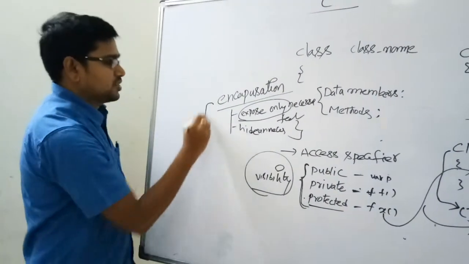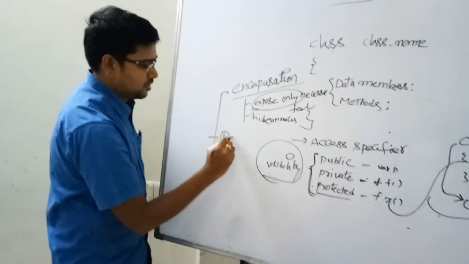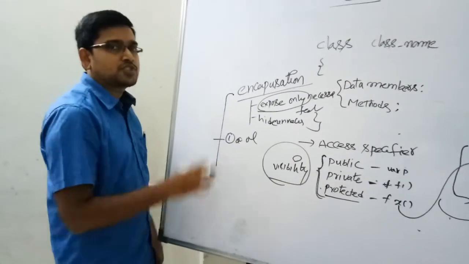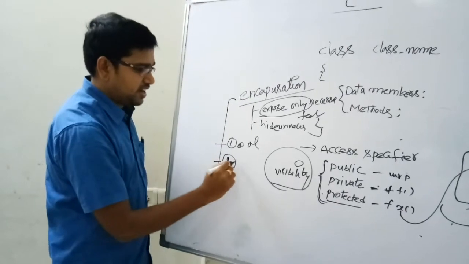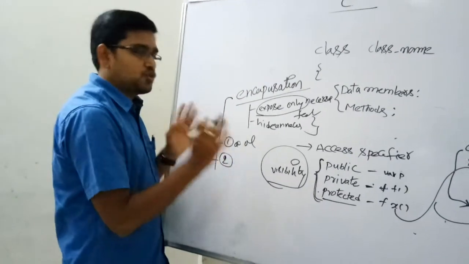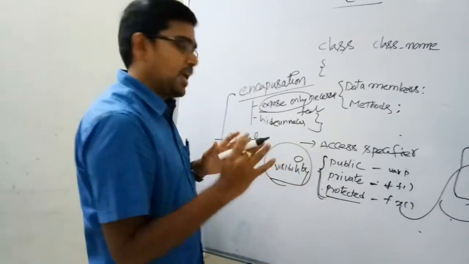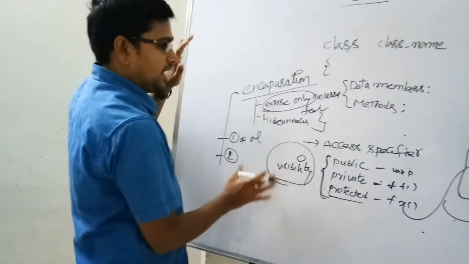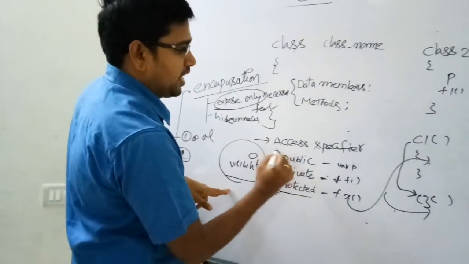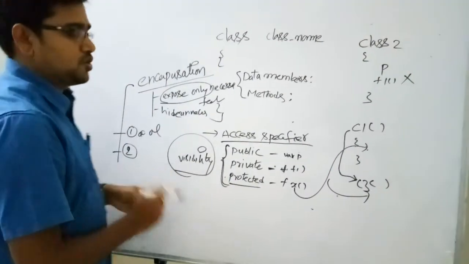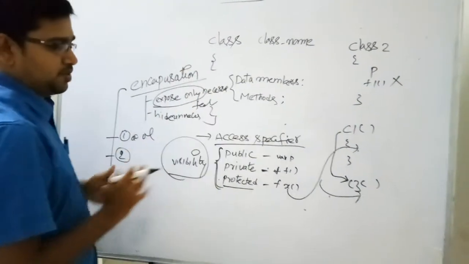Okay, so it has two things. One is expose only which are required. Second is hide which are not required or which you don't want to expose. That can be achieved using the access specifiers in C++. So that is the major advantage in C++.